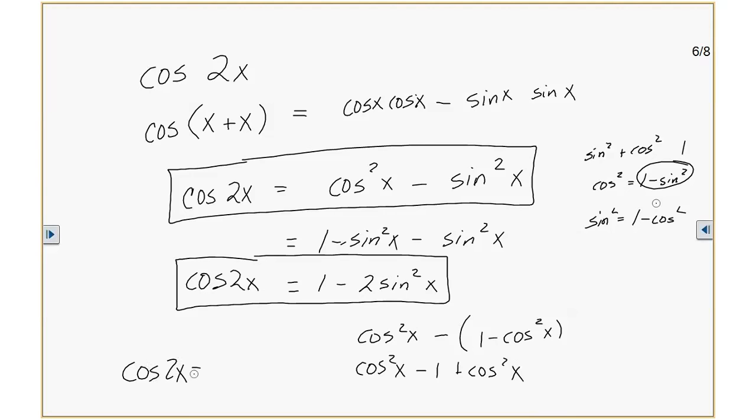So cosine of 2x is equal to what? 2 cosine what? Minus 1.